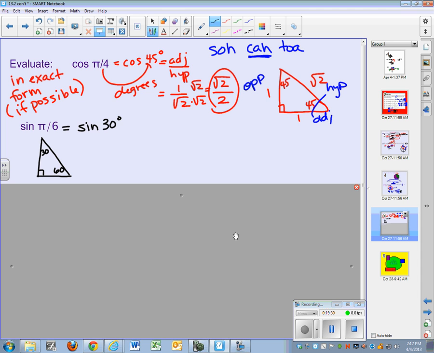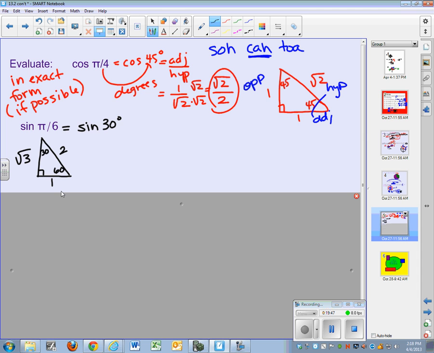And fill in your sides. Okay, so remembering back to 13.1, opposite your 30 is 1. Opposite your 60 is the square root of 3. And opposite the 90-degree angle, or the hypotenuse, is 2.